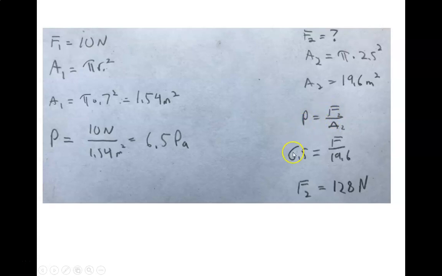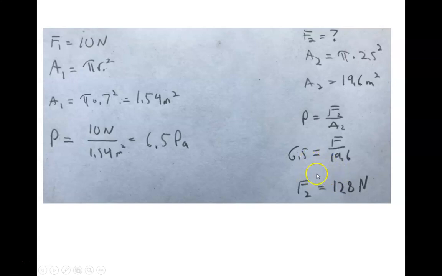The pressure at piston 2 is the same as generated at piston 1. The pressures are the same. The force and areas are different. That's what you've got to keep in mind. So the pressure is 6.5, that's how much pressure is being exerted on piston 2. We're looking for the force, and the area we just calculated was 19.6. Multiplying through, we get that the force on piston 2 was 128 newtons.